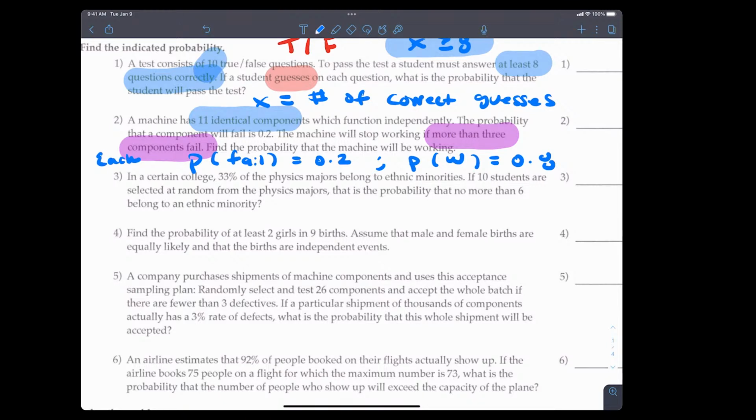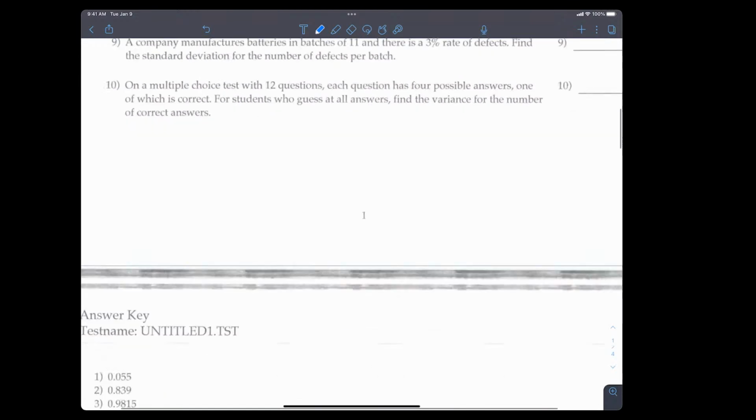Okay, remember this question was written by a publisher. It's not written by Mr. Judge. Mr. Judge would be a lot more clear, at least I think. But let me write this down. The machine stops working if more than 3 components fail. So question 2.